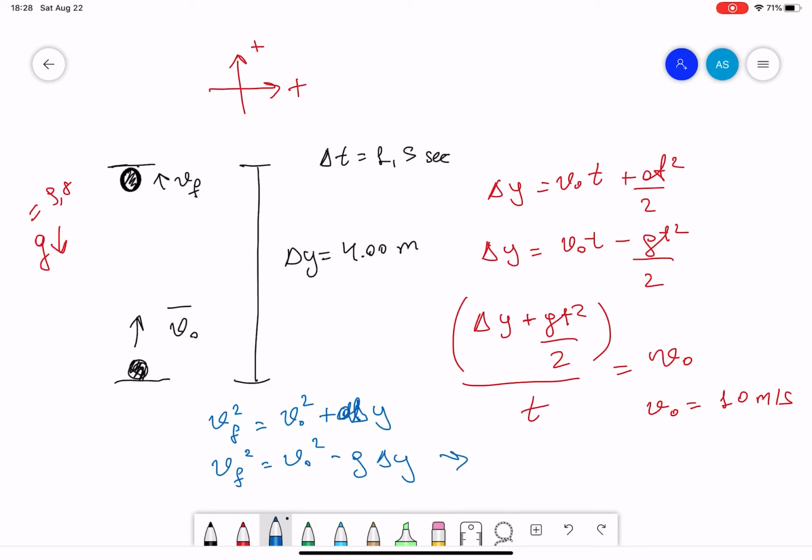Then from here you just have to find v final, which is the square root of v initial squared minus g delta y. If you plug in the numbers, you will get that your final velocity is equal to 7.8 meters per second.